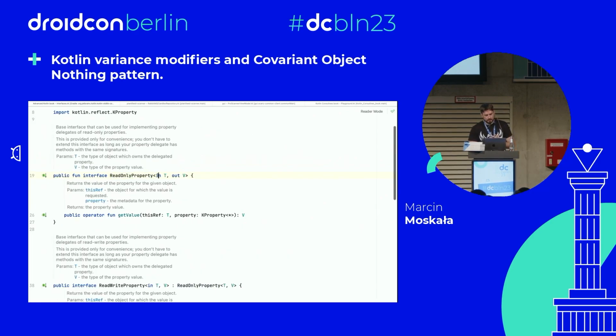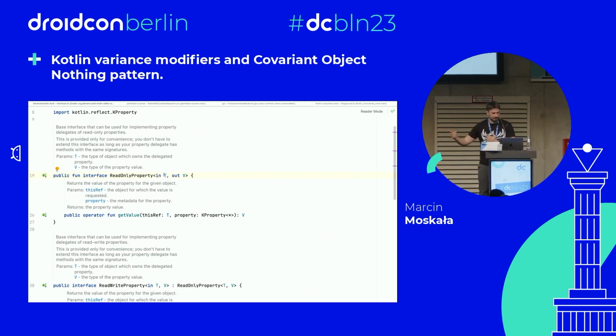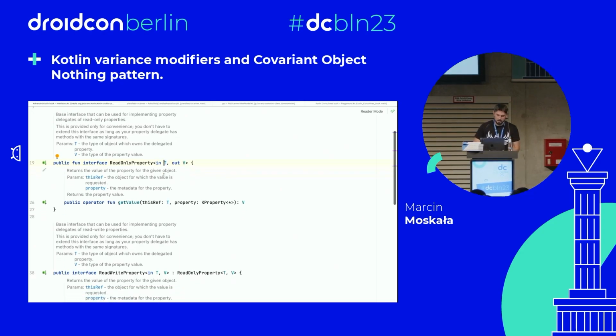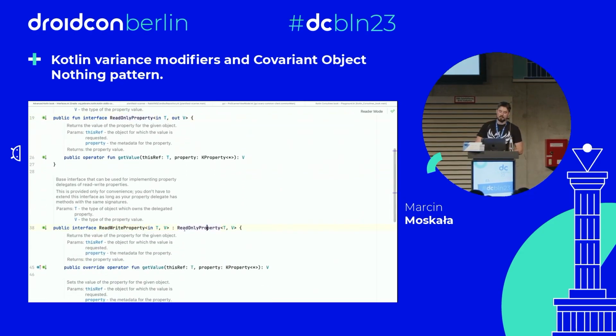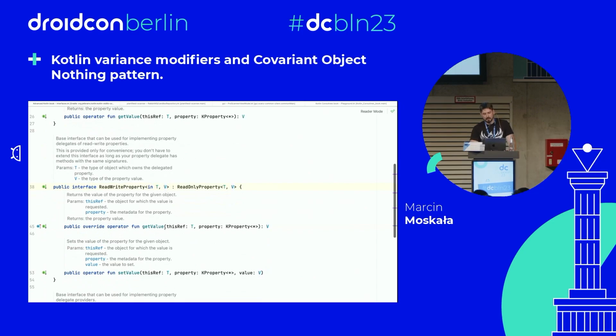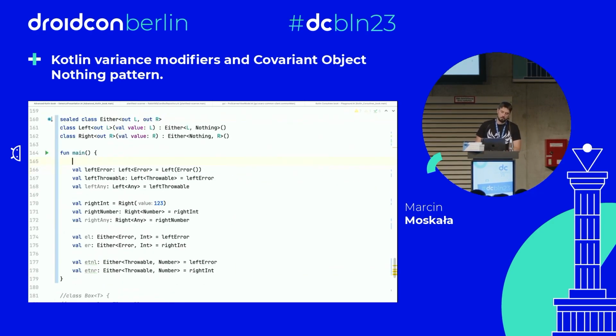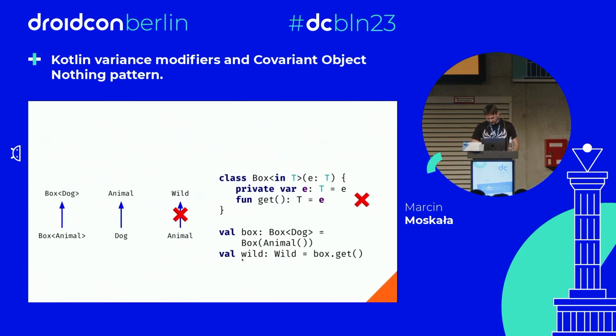In read-only property, T is only coming in, so it is an in modifier. And the V is only coming out, so it has an out modifier. While on the read-write property, V is both in and out, so it has no modifier. Quite straightforward. That's why those names, in and out, are amazing and super intuitive if you think about that.